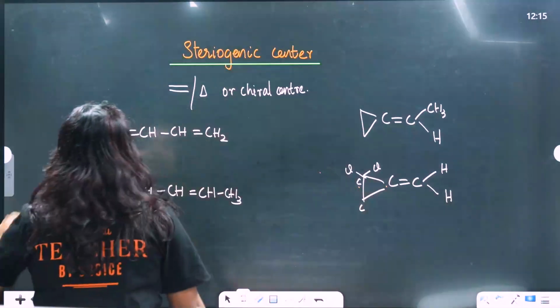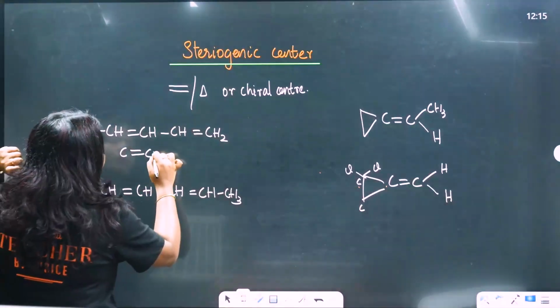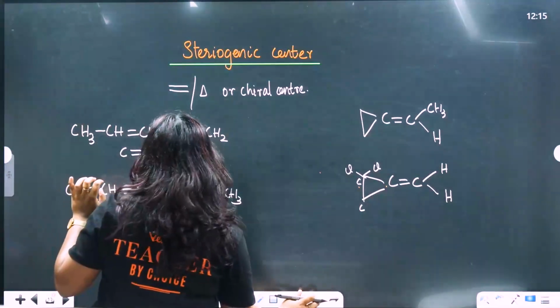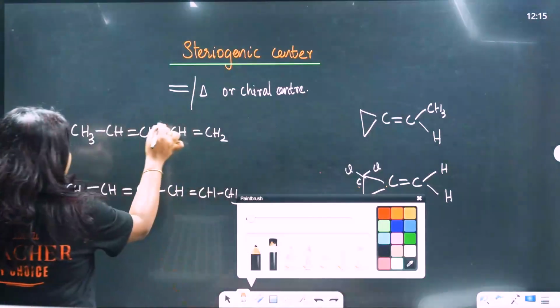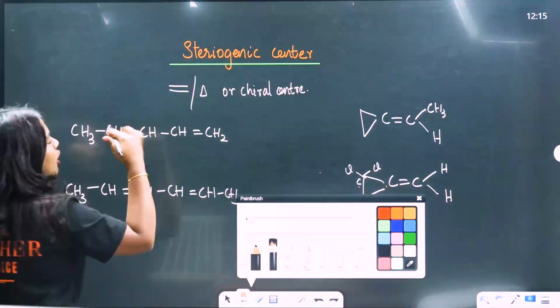So here, listen carefully, there is C double bond C. Okay, here there is a hydrogen. See, I'm just considering, this is a very important point. You have to consider how I'm writing this. In the particular double bond that I'm considering, I'm writing it.